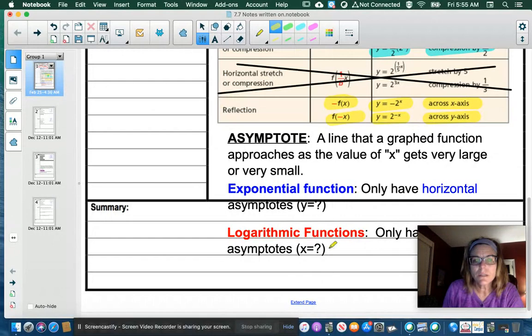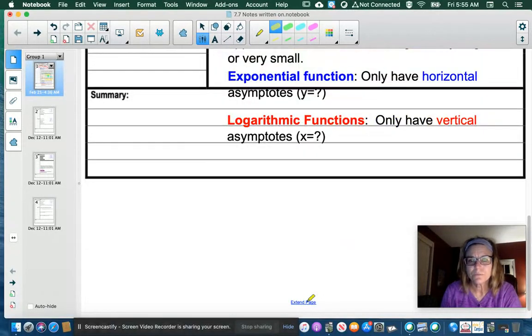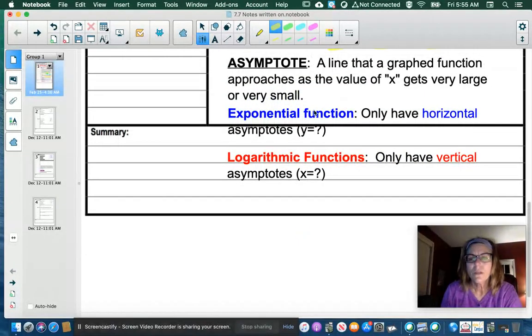So here's the deal. Exponential functions have horizontal asymptotes. I think we talked about that in the 7.6 video. Y equals. Log functions have vertical asymptotes. X equals.